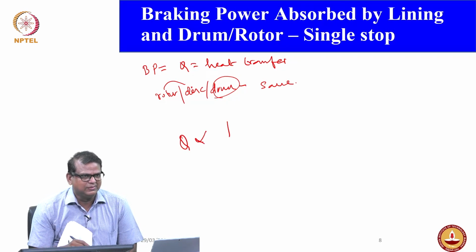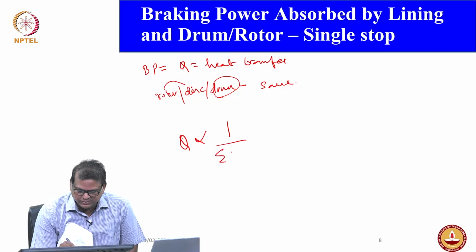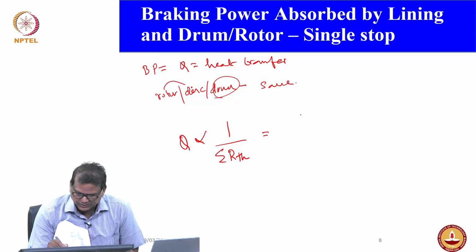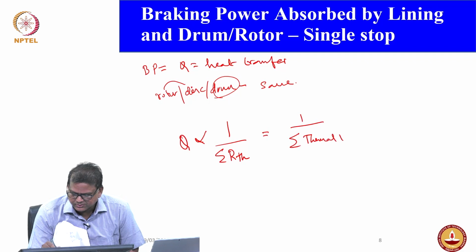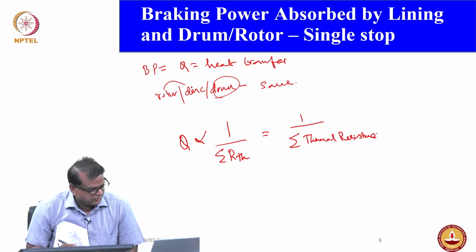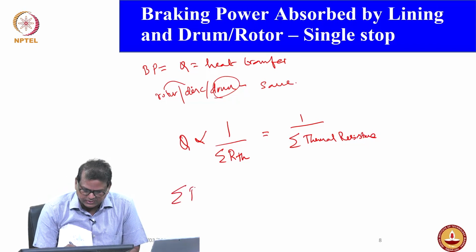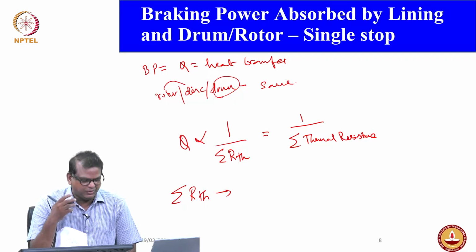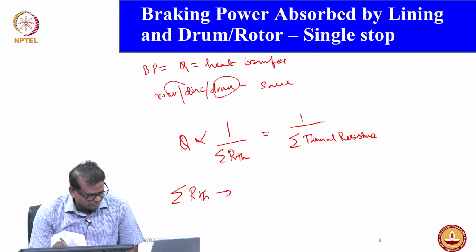This is the sigma R_TH, called thermal resistance, 1 by the summation of thermal resistance. In fact, this thermal resistance depends upon the material property. Thermal resistance of the brake or drum or rotor depends on the material properties.